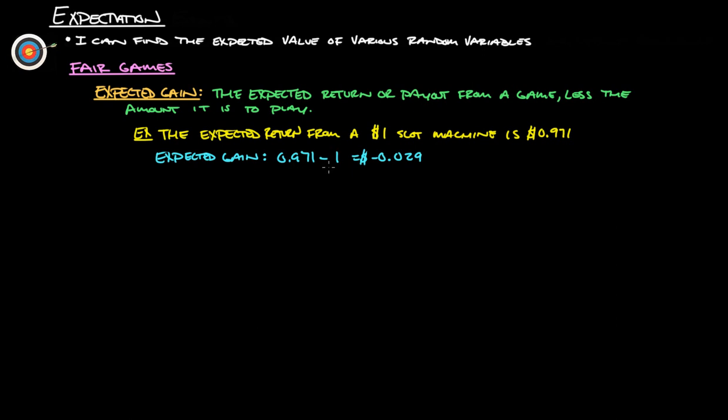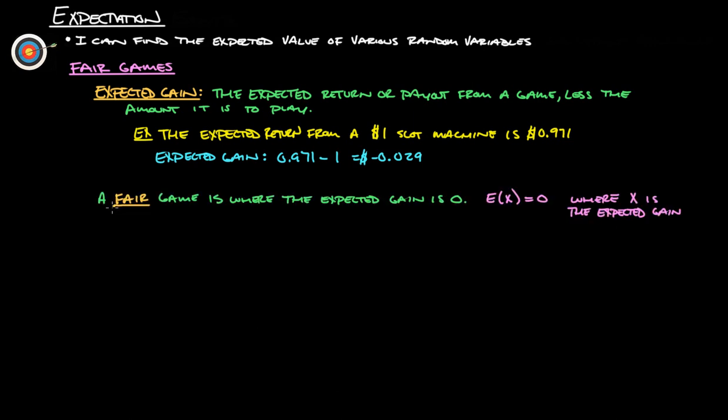So 0.971 minus 1 means that on average, you are expected to lose about 3 cents every time you play the $1 slot machine. That's how Vegas and all the gambling places make their money, because the expected gain is always going to favor the house or the casinos.